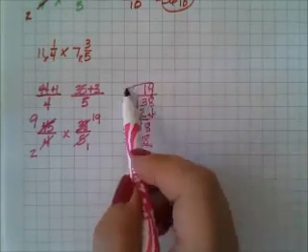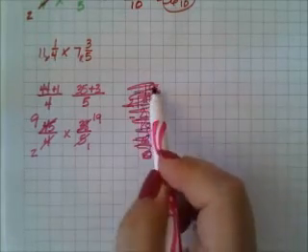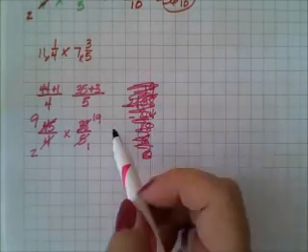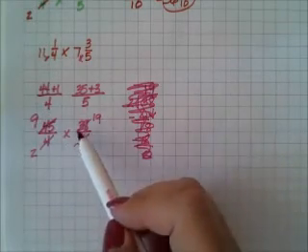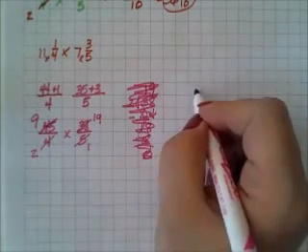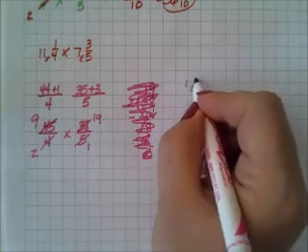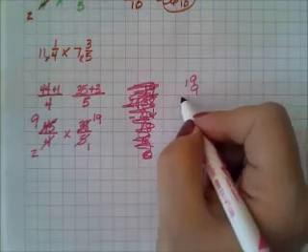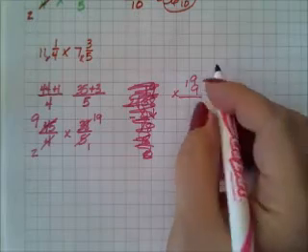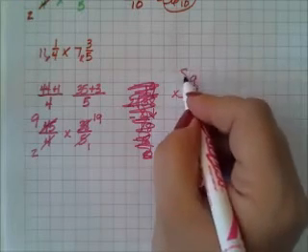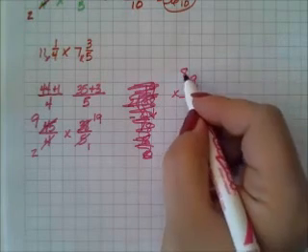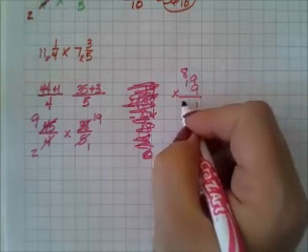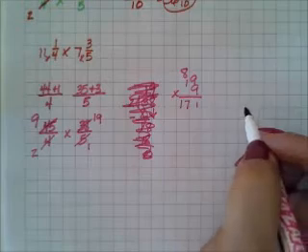So if we multiply across, 9 times 19. 9 times 9 is 81. 9 times 1 is 9, plus 8 is 17.